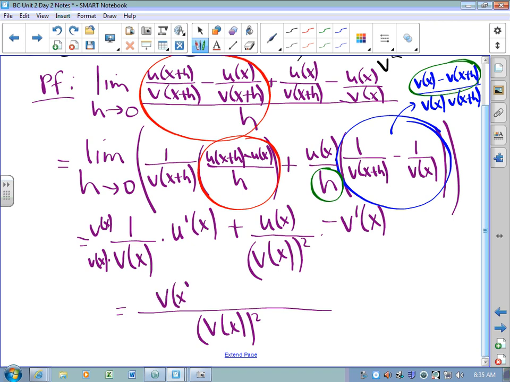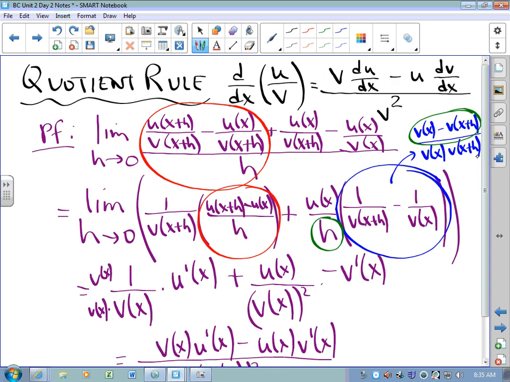I've got bottom times derivative top minus top times derivative bottom over bottom squared. So your quotient rule does work, and it does work for a very straightforward reason. It is an application of the definition of derivative.